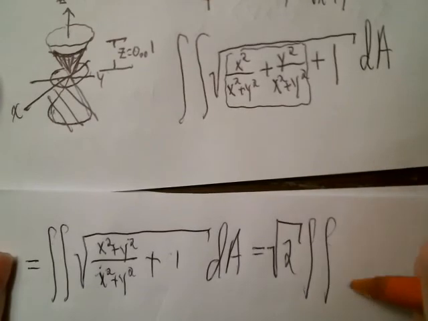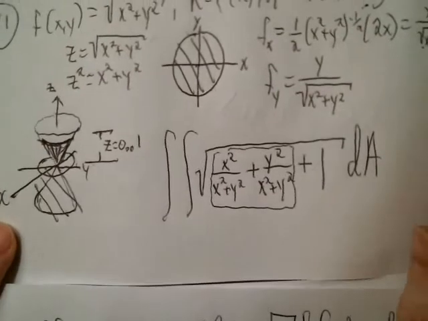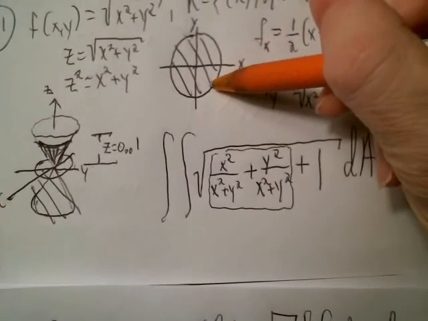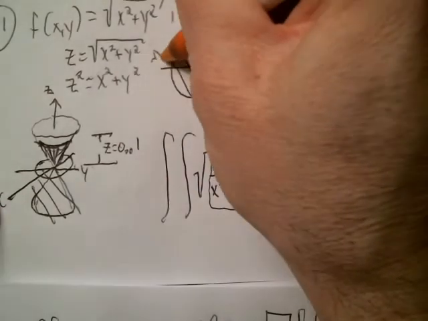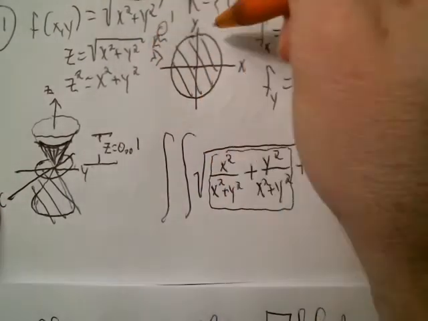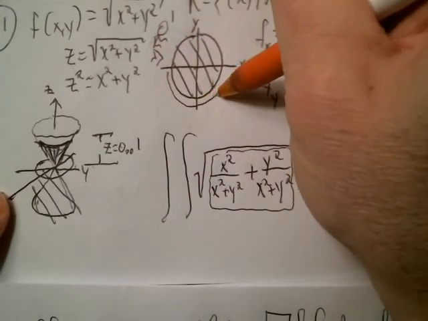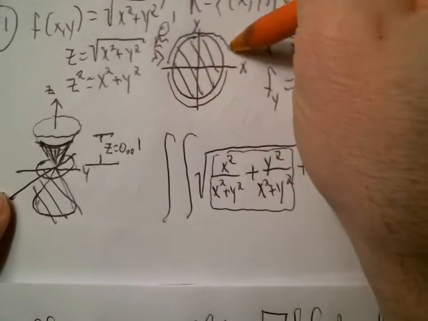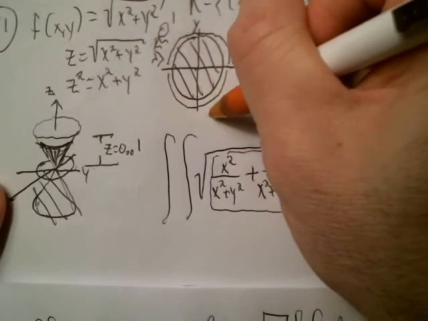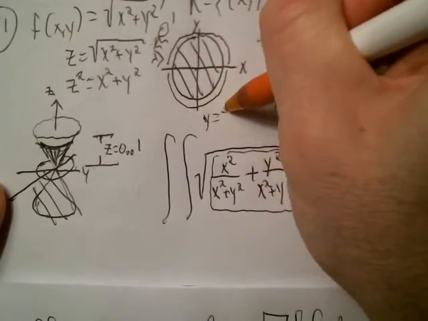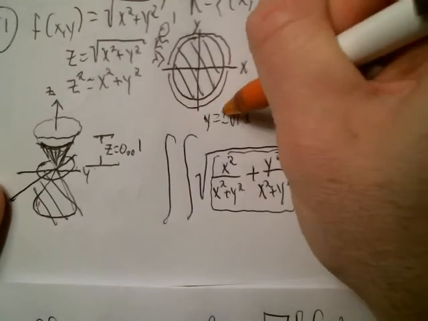Let's do this in terms of y and then x. It's kind of a traditional ordering. Here's the region I'm integrating over. So the Riemann man is going in this direction, y equals this curve to y equals this curve. What is this? This is going to be y equals plus or minus the square root of 1 minus x squared.